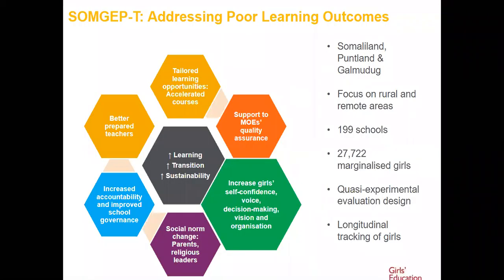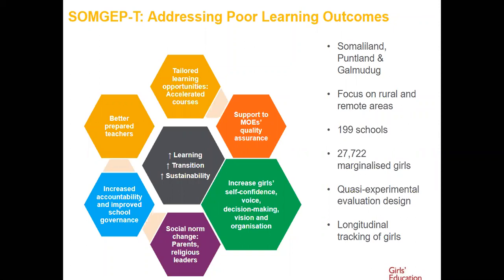So, SONGEP, the Somali Girls Education Promotion Project Transition, is addressing poor learning outcomes by looking at gender from a holistic perspective. So looking at the classroom, looking at school governance, looking at how the ministry is looking at gender and supporting their capacity building, as well as looking at social norm change at household, community, and the girls themselves.